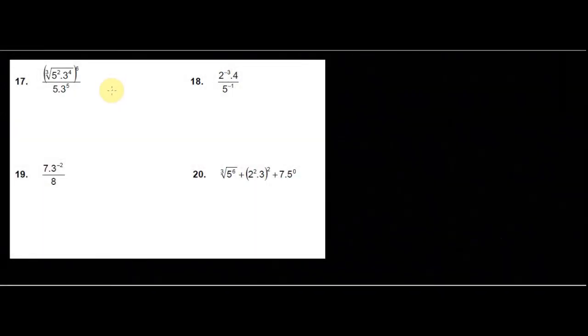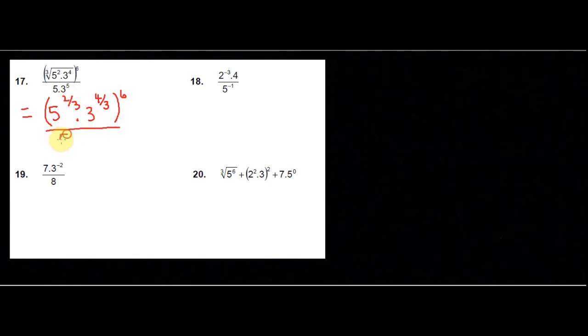Here are a few more questions you should try of exercise 1 before looking at the answers. Let's look at number 17. We can first work out inside the brackets. So that's going to be 5 to the 2 over 3 times 3. Now 4 divided by 3. So 3 to the power of 4 over 3. This of course is all to the power of 6.